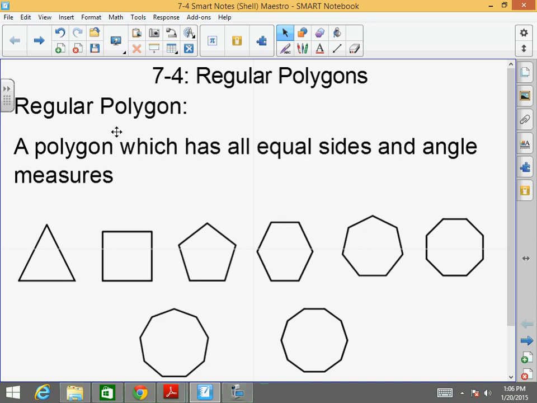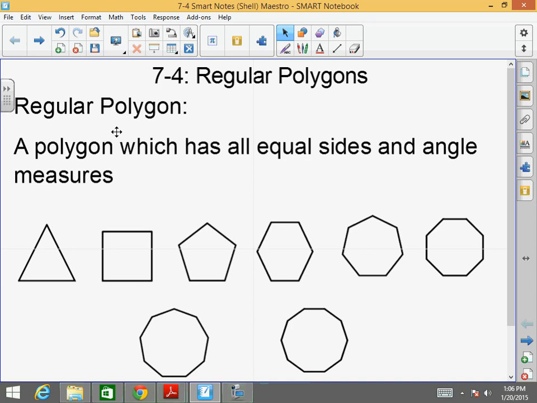Okay? It's different than saying equilateral or equiangular. Remember, equilateral just has all equal sides. Does that necessarily mean that an equilateral polygon has all equal angles? No. Give me one quadrilateral that's equilateral but not equiangular.